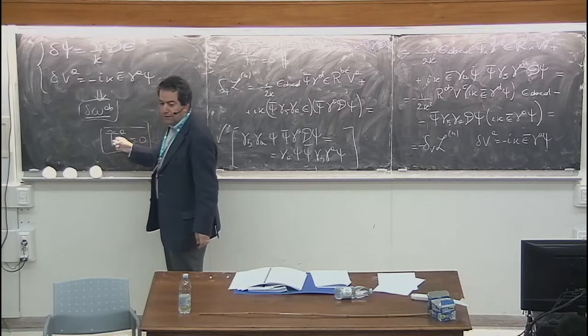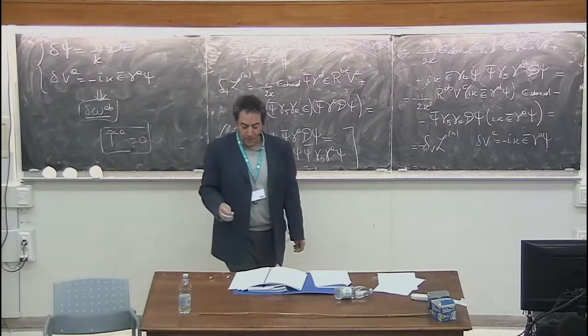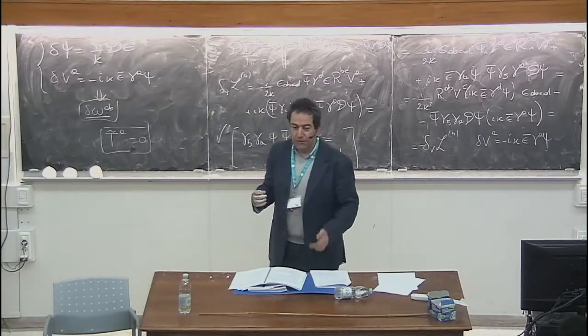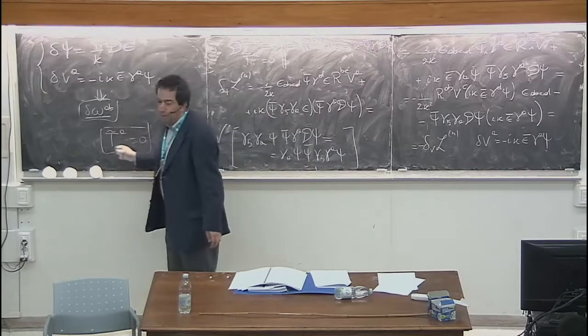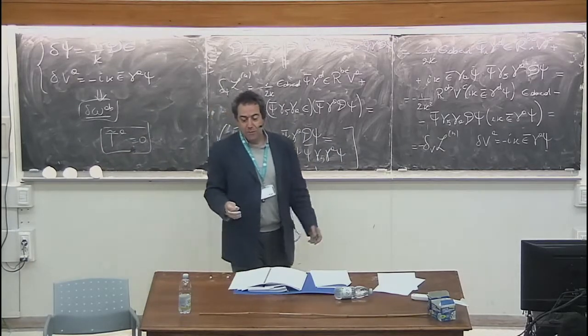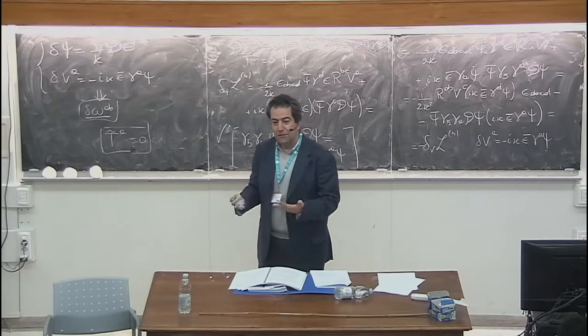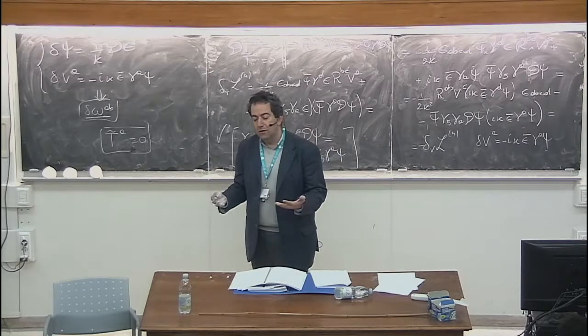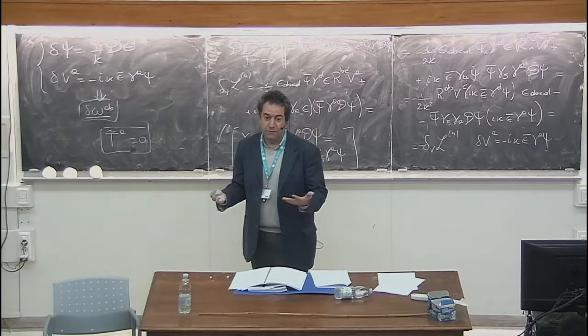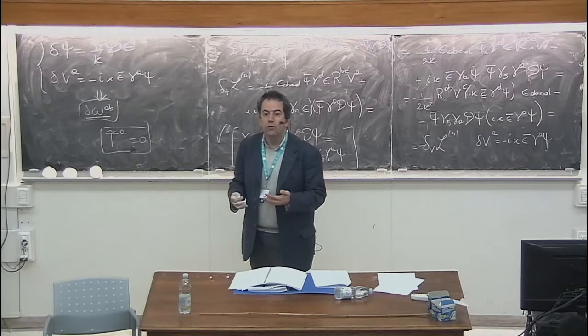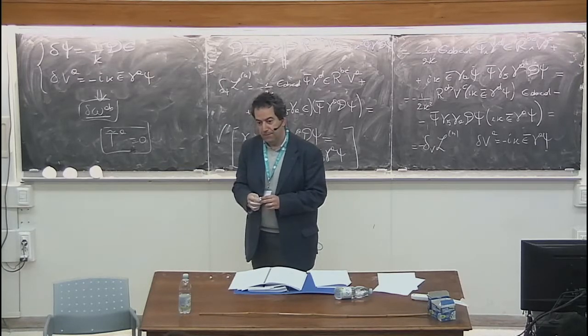And so its variation under any super Poincaré transformation is covariant, simply because it is the curvature associated with this local super Poincaré bundle that we have constructed on curved space-time, on curved superspace, actually.